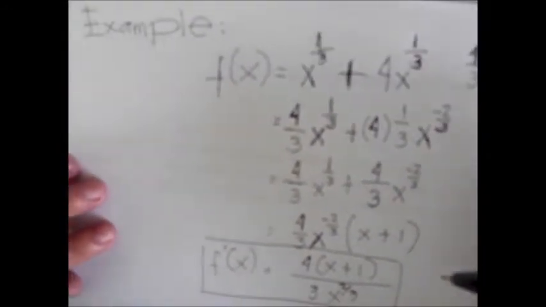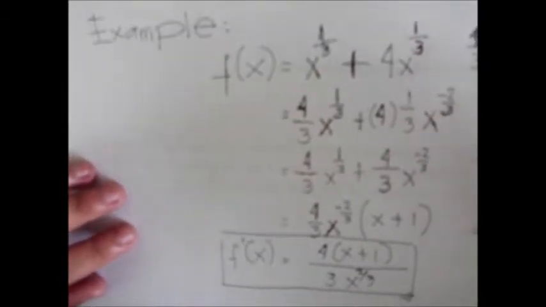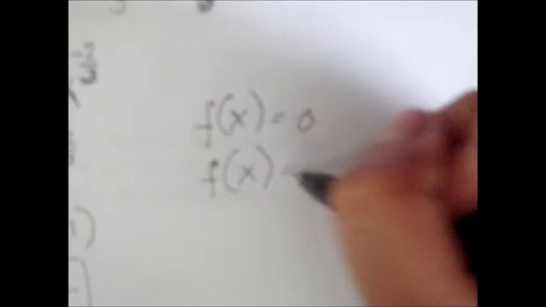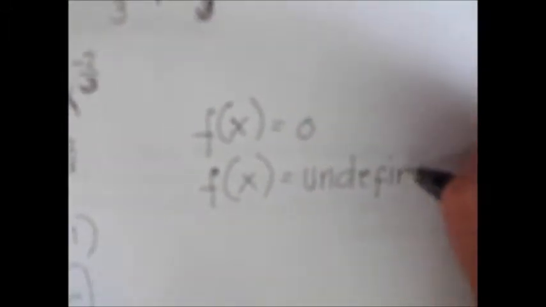Since we want to find the critical values, we find first the numbers that will make our first derivative become 0 or undefined. By this first derivative, we let x equal to -1. Then we substitute the value of -1 into this function.